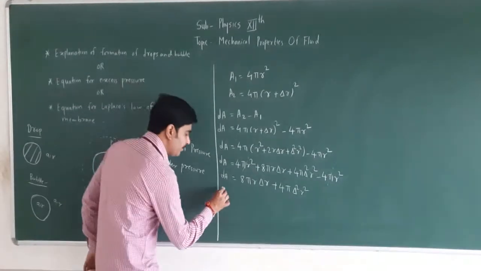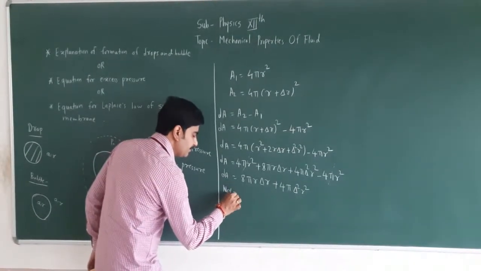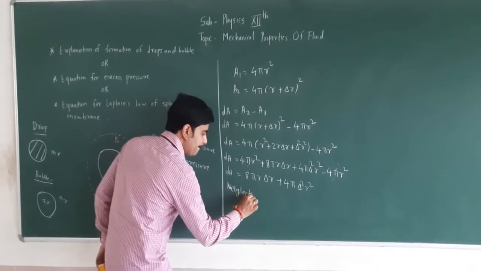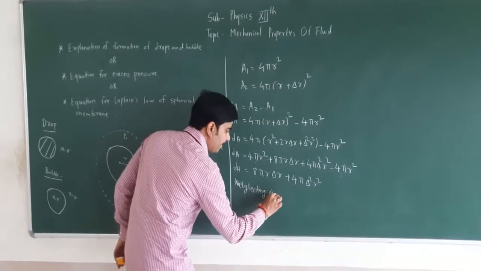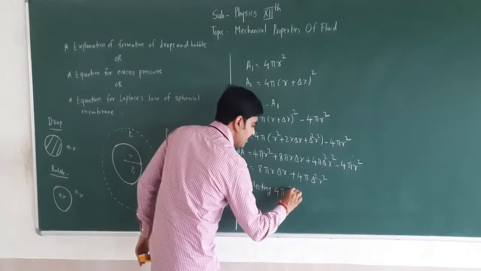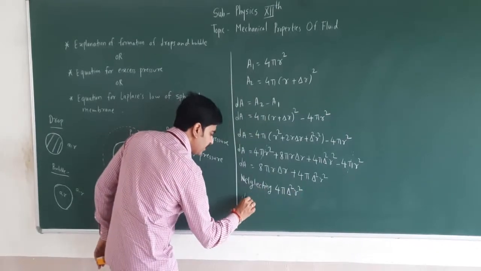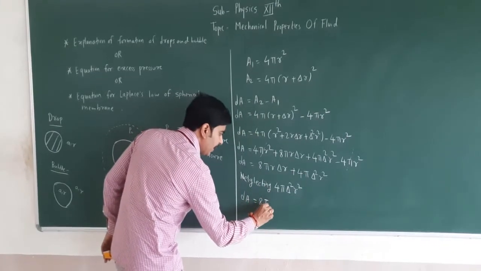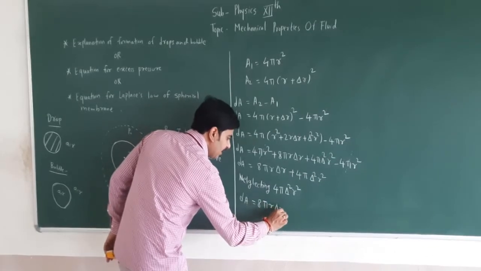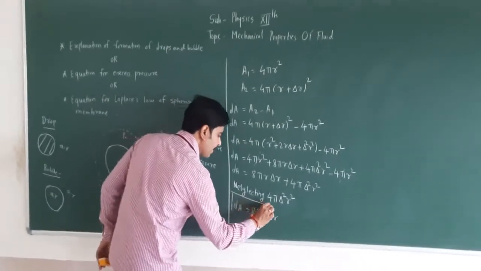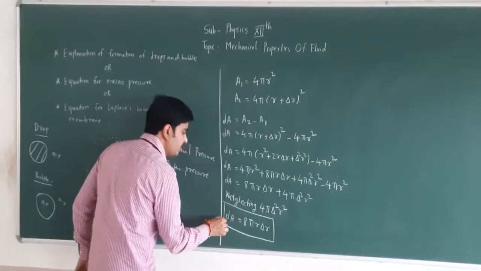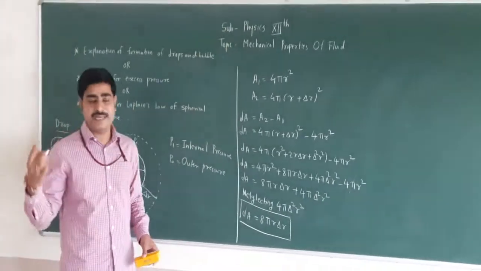So we neglect 4 pi delta R square. The remaining answer will be 8 pi R delta R. So this is the increase in area.